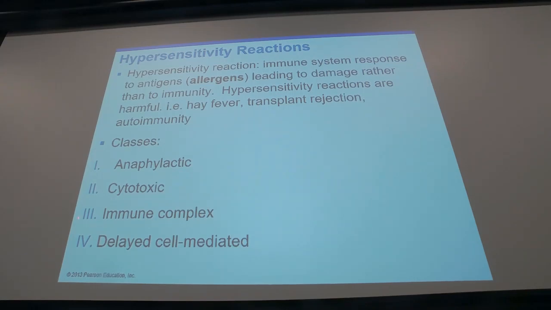So we have this subclassification of allergic reactions. So we have anaphylactic or type 1, cytotoxic or type 2. We have immune complex mediated or type 3. And then we have delayed cell mediated reaction.